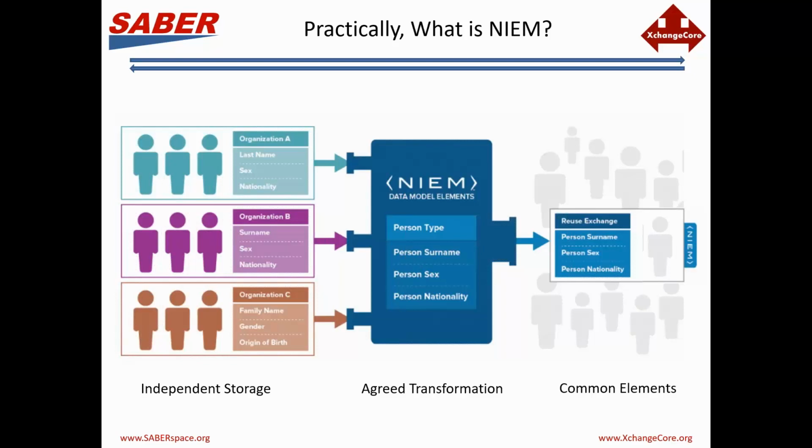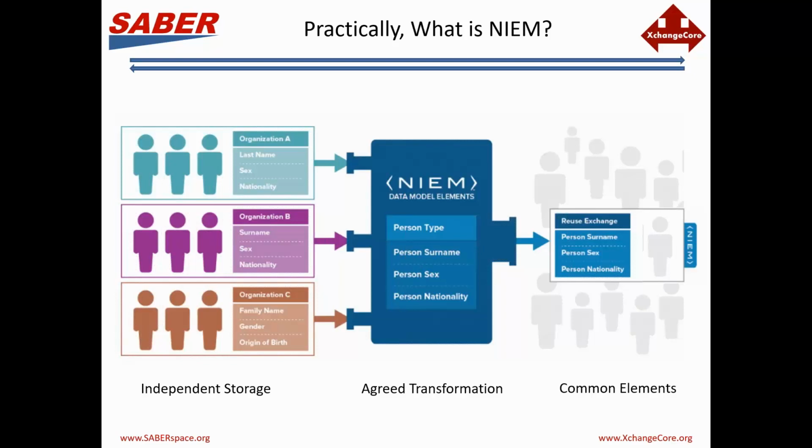NIEM creates these data model elements, the words. And the words are agreed-upon transformations, so that when the organizations on the left-hand side say, I want to exchange information, I'm going to take the word last name and say to you, hey, that's person's surname.